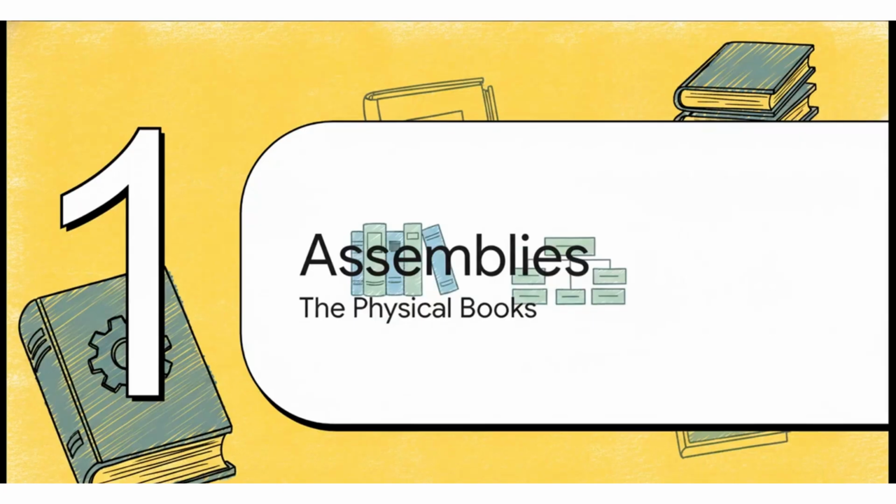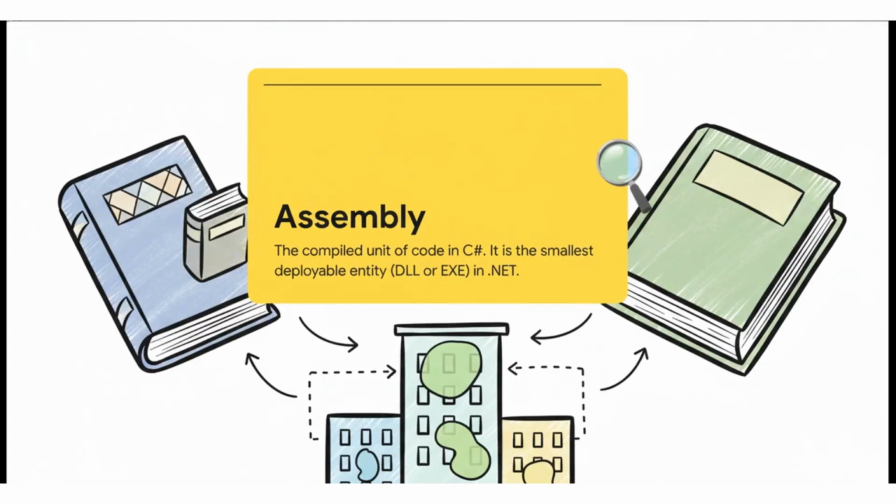All right, so let's tackle assemblies first. The absolute best way to think about an assembly is to picture it as a physical object, kind of like a finished, bound book that's ready to go on a library shelf. So, what's the official technical definition? Well, an assembly is the final compiled output of your code.